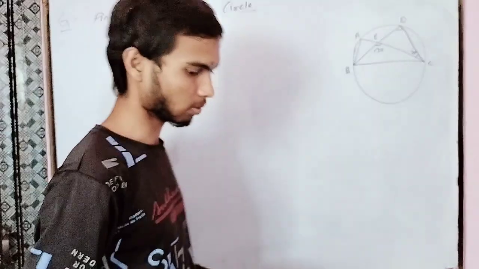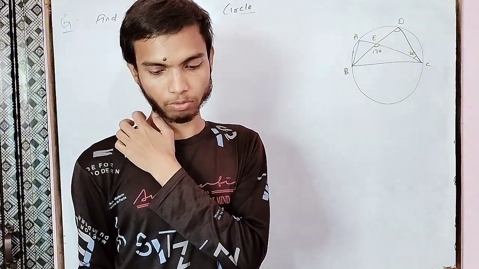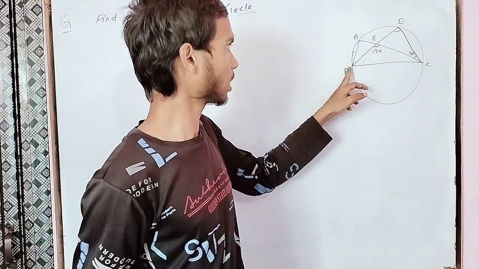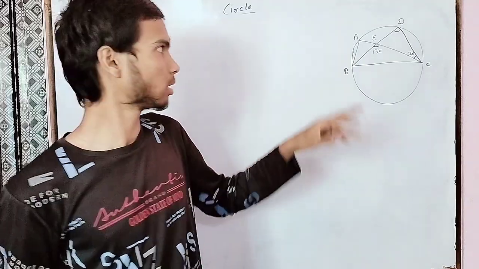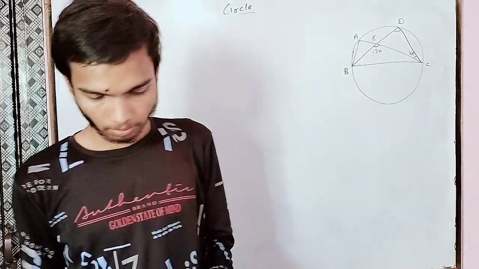Now let's read what the question says. In the given figure, A, B, C and D are 4 points on a circle. We can see there are 4 points on a circle: 1, 2, 3, 4.